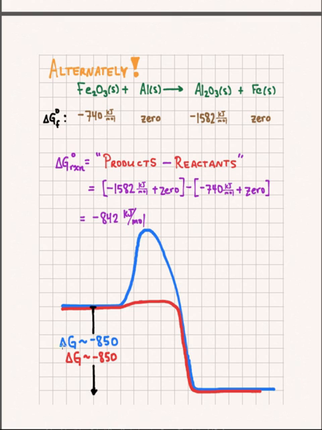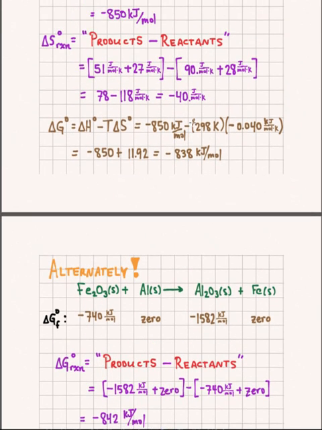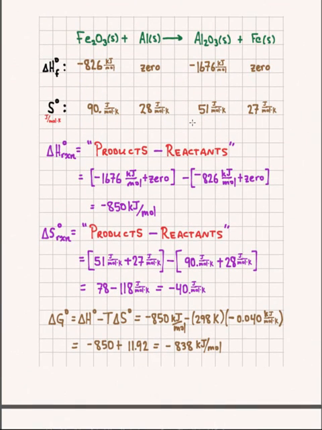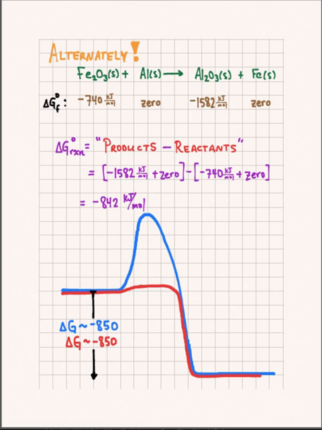And so the free energy, no matter how you slice it, is negative 850-ish. I got negative 842 here by the products minus reactants of the free energies, and I got, what did I get up here? Negative 838. So I got close to the same value. The numbers vary a little bit. Many of them are measured. Different tables, different results.